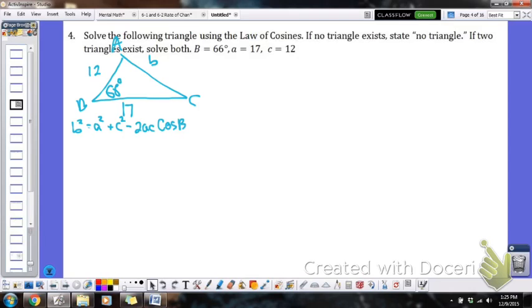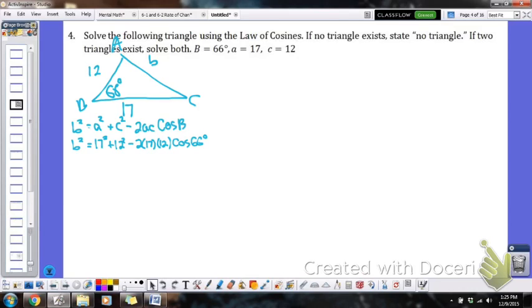I don't know little b, so I'm left with b squared equal to 17 squared plus 12 squared minus 2 times 17 times 12 times the cosine of B, so the cosine of 66 degrees.